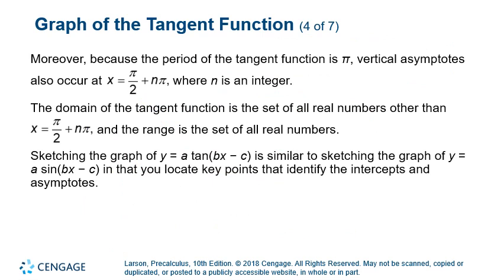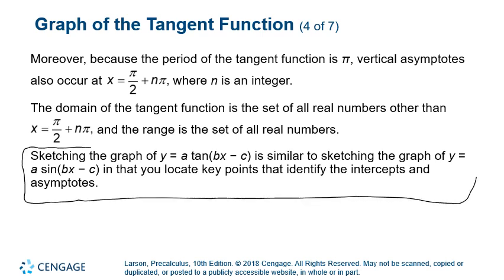So here they're talking a little bit more about the vertical asymptotes, talking about the domain, and now we're talking about sketching. And this part is actually probably the most important thing on this slide. We've already talked about the stuff at the top. It's similar to sketching the others in the sense that you locate key points and identify the intercepts and identify the asymptotes.